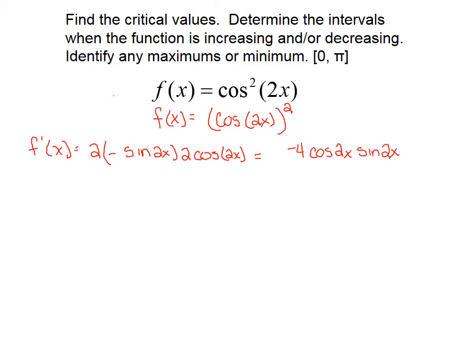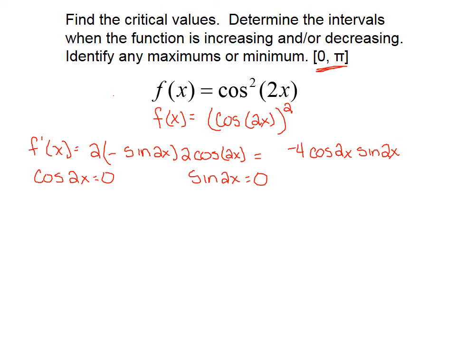So now I'm going to find the zeros of this. To find the zeros, I have to see when cosine 2x is equal to 0 and when sine 2x is equal to 0. Notice my domain is from 0 to pi. That prevents me from finding, just because this will happen numerous times, so I limited the domain.